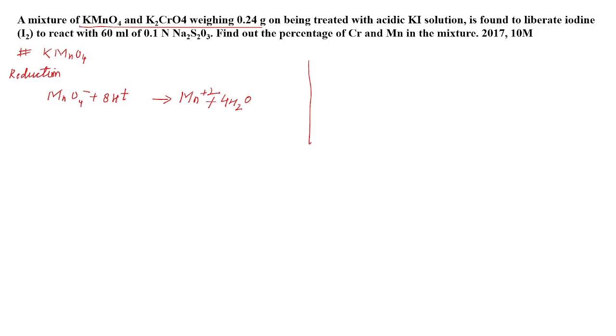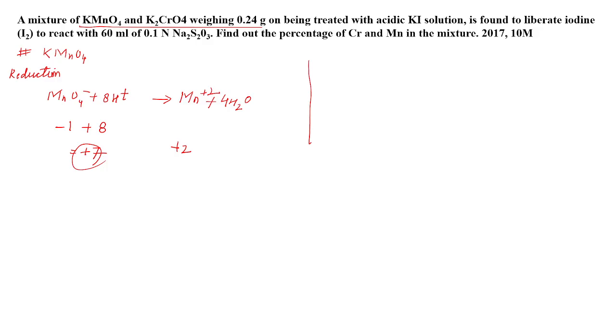Still we need to balance the electrons in this equation. So how we are going to balance it? Here you can see the -1 charge plus 8 charge is going to give you +7 charge on this side and +2 charge on the other side. So to make it +2, we need to add electrons, because redox reaction generally involves the electrons, right?